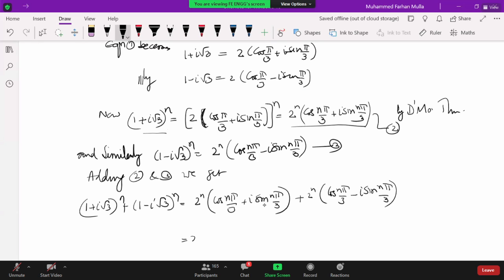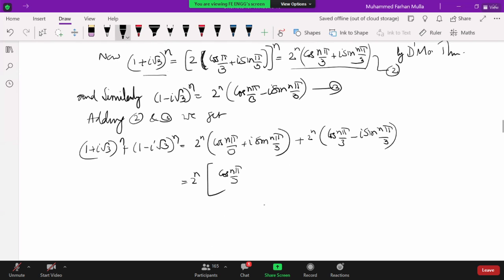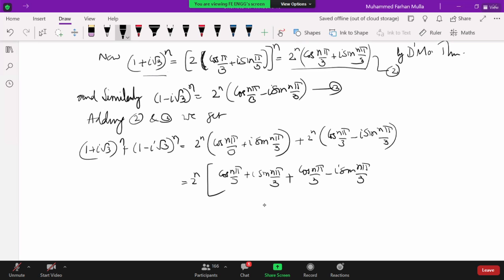If I take 2 raised to n common throughout, I have cos nπ/3 + i sin nπ/3 plus cos nπ/3 − i sin nπ/3. The plus i sin nπ/3 and minus i sin nπ/3 get cancelled.